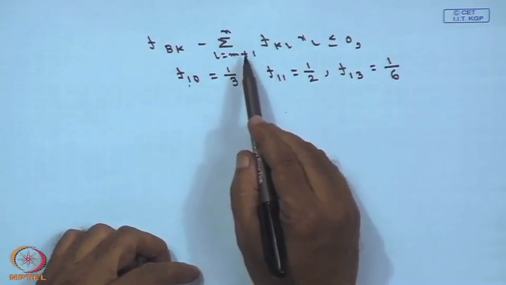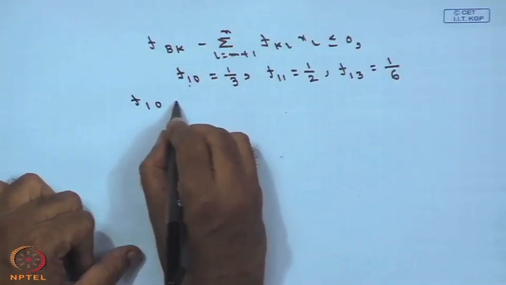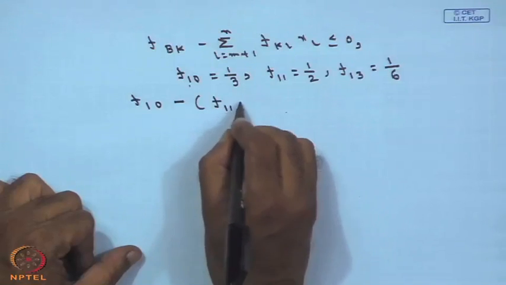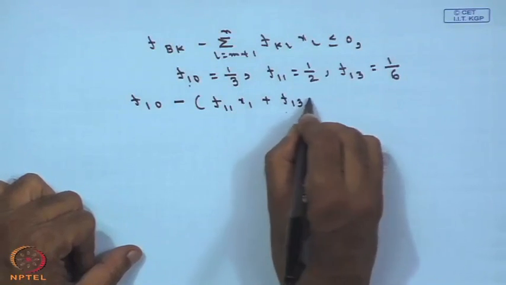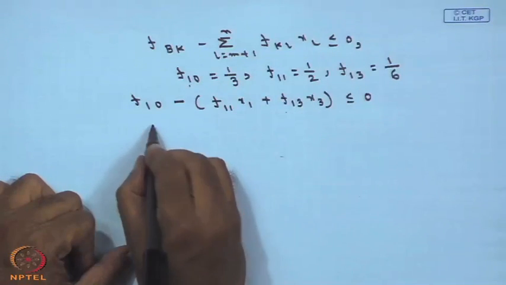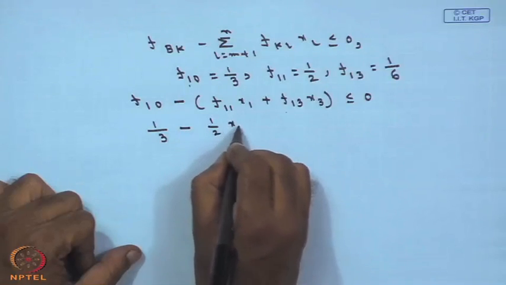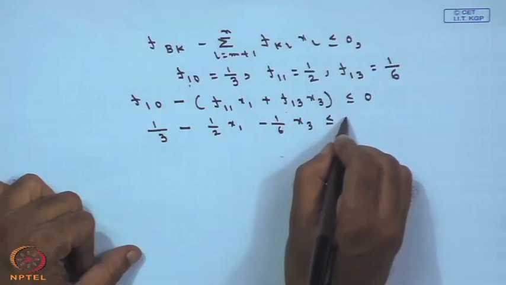Now, if you substitute in this, so basically your equation, I am writing this, afterwards I will write down directly: f 11 x 1 plus f 13 x 3 is less than or equal to 0. Now put the values, already I have written the values: minus half x 1 minus 1 by 6 x 3 less than or equal to 0.